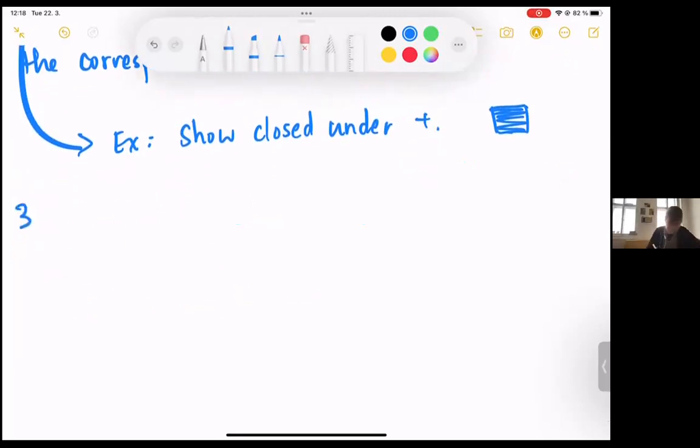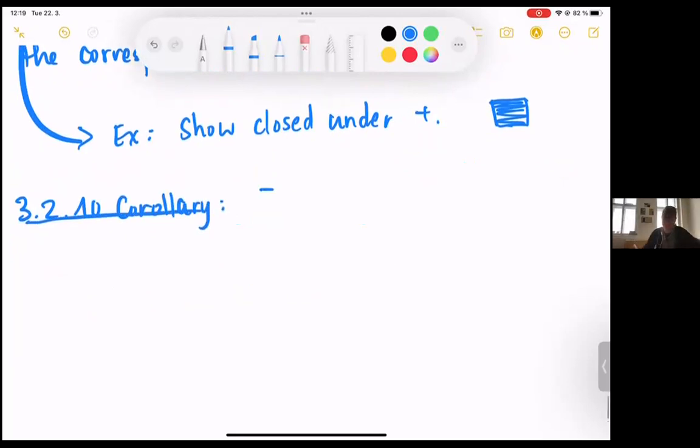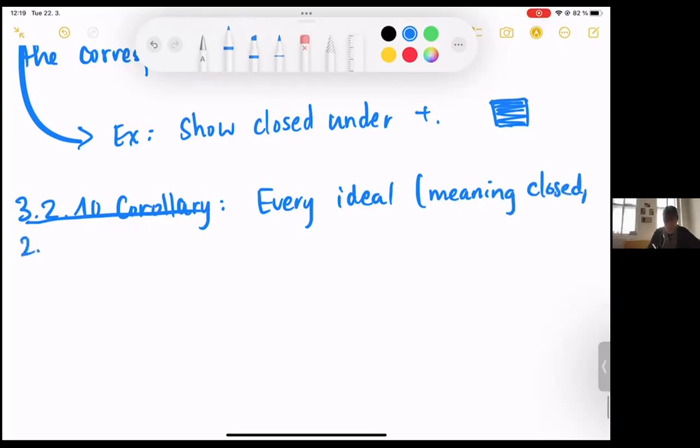Okay, so as a corollary, every ideal, by which I mean closed two-sided, is hereditary.